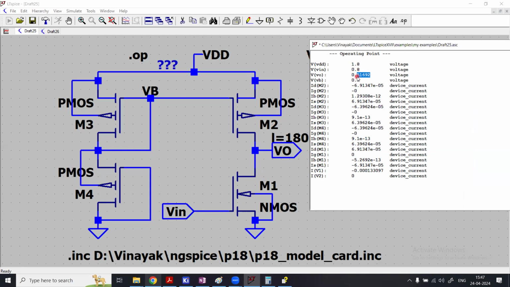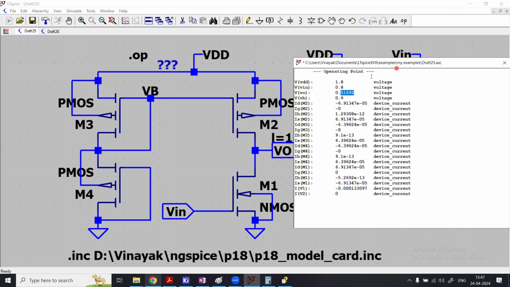So 1.8, 0.5, so the voltage across this transistor M2 is 1.8 minus 0.5, which is about 1.75, still a big drop, but still okay. How about this? It is 0.5, and this is now VIN of 0.8 minus threshold of 350 millivolts.